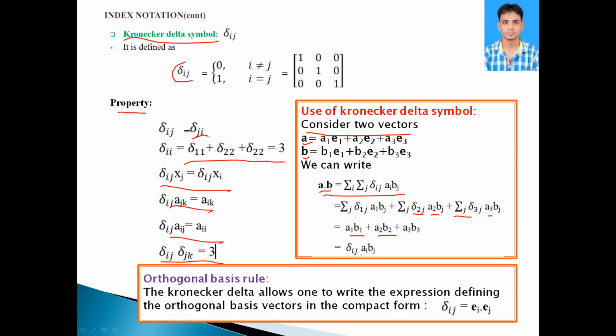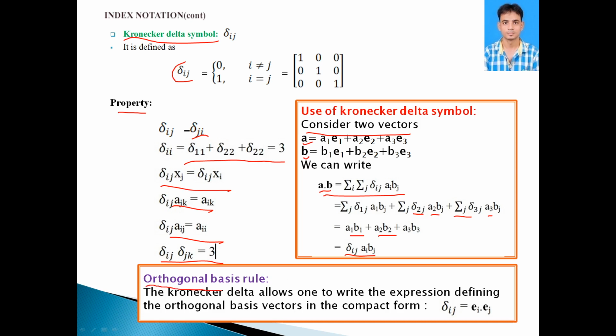So these are the three terms, and this can simply be written as delta_ij a_i b_j. Okay, so this is an important notation, which is known as the Kronecker delta. It is extensively used in solid mechanics. We will see all other applications in subsequent lectures.